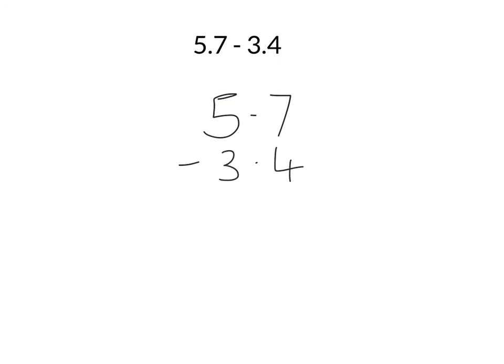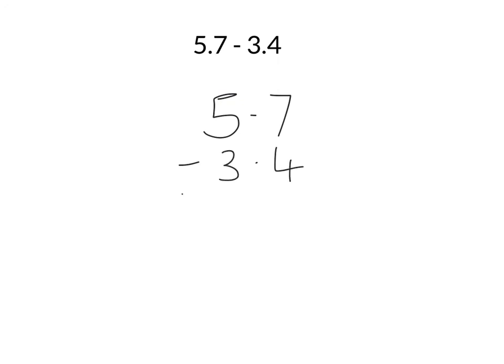So we've got 5.7 take away 3.4. When we introduce decimals, that does not change our thinking. We are still thinking about the place value of each digit within the number, and that helps us with our subtraction. So we have 5.7 take away 3.4.